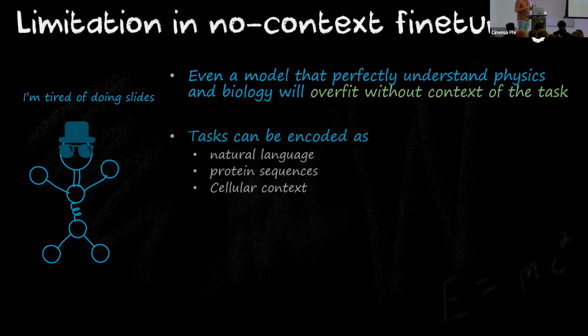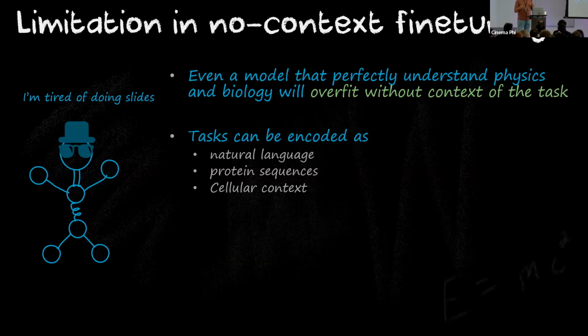So what if you could encode the task, for example, by giving the context of the cell on which you do the experiment, by giving the protein sequence, or by using natural language to define the task? You can use natural language to say, this is a task of solubility at this temperature, and I want to know the property. And then the model, if it's trained on this kind of thing, can know how it should fine-tune its representation to that task.